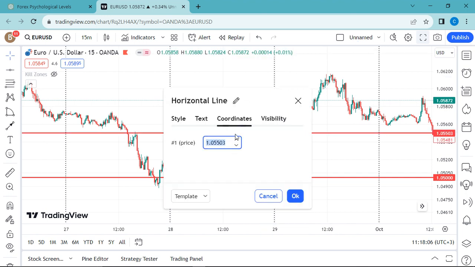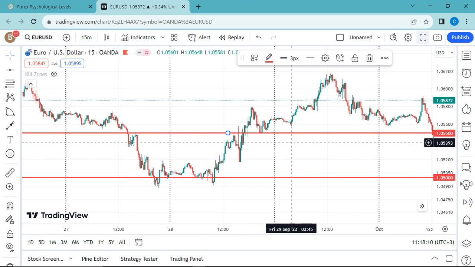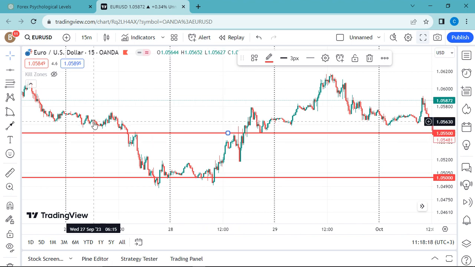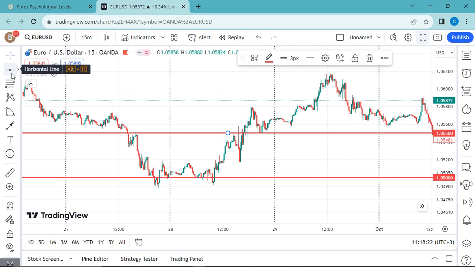It's just whole numbers, right? So just like that, we have gotten another psychological level. Remember, EURUSD, and with these psychological levels, you can plot them in any pair, right? And they act as our support and resistance. This is actually one of the easiest ways and most accurate ways to draw your support and resistance.